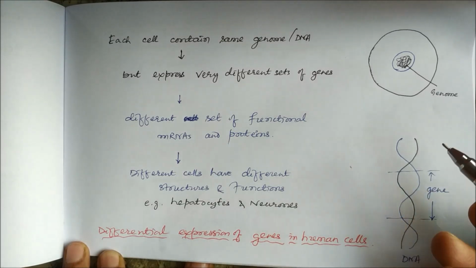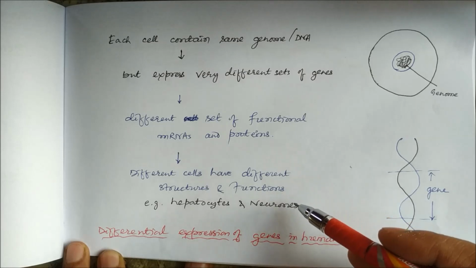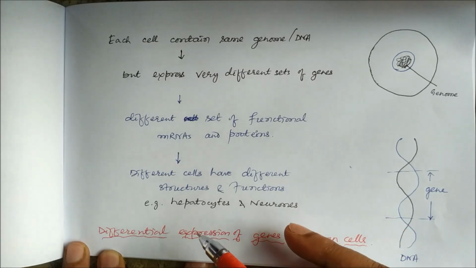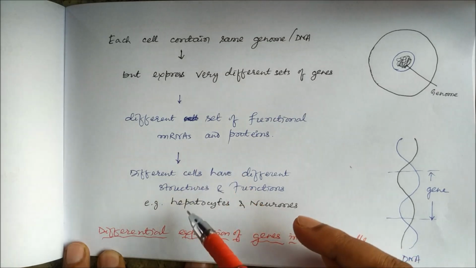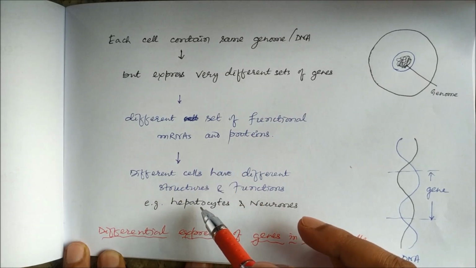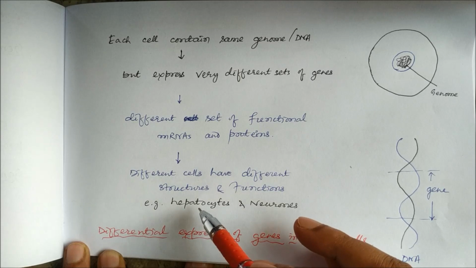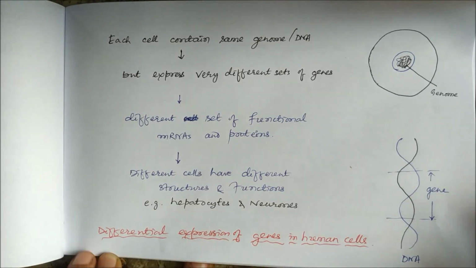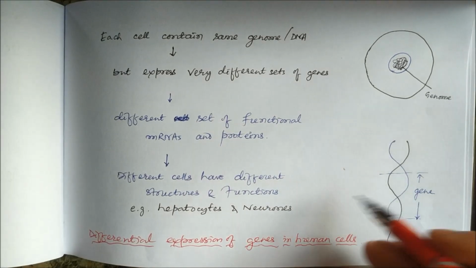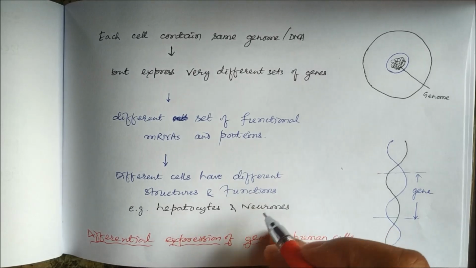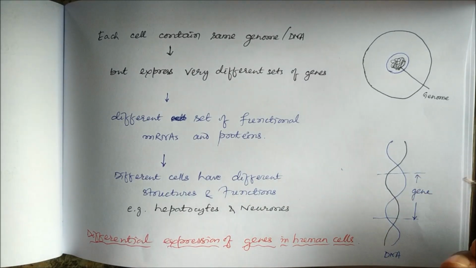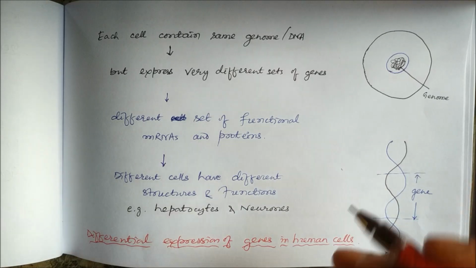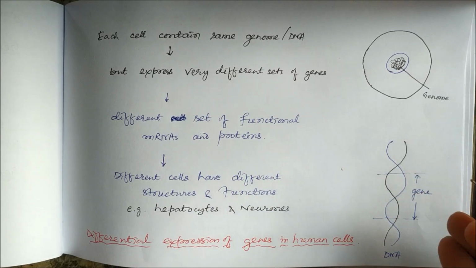Those enzymes are synthesized in neurons but not in hepatocytes. The enzymes required for metabolism are synthesized in hepatocytes, not in neurons. So based on the presence of different proteins and functional mRNAs, the different cells have different structures and different functions.